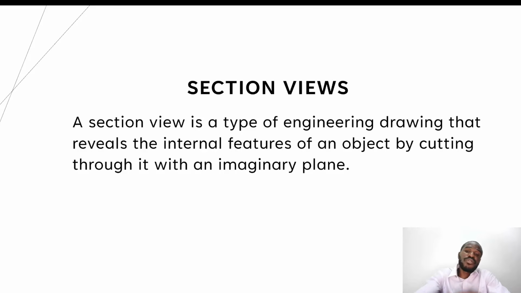A section view is a type of engineering drawing that reveals the internal or hidden features of an object. We get to see them by using an imaginary cutting plane that goes through the object along the areas that are hidden.